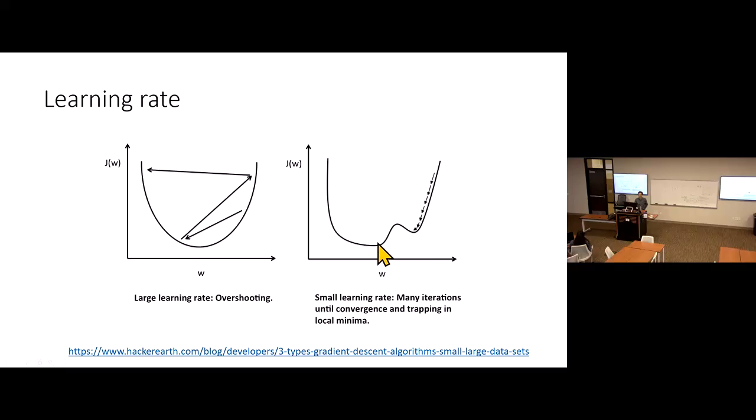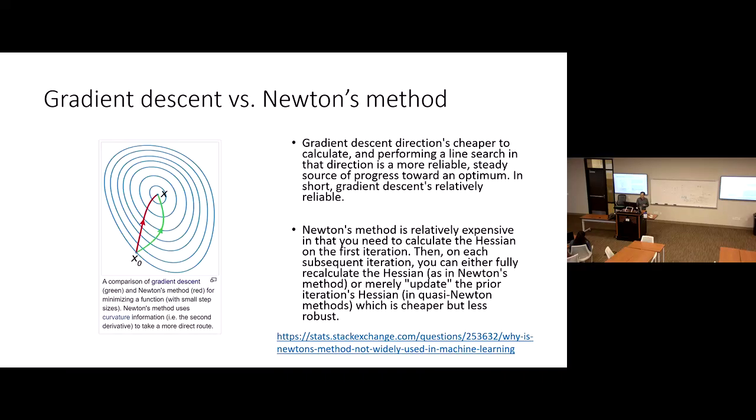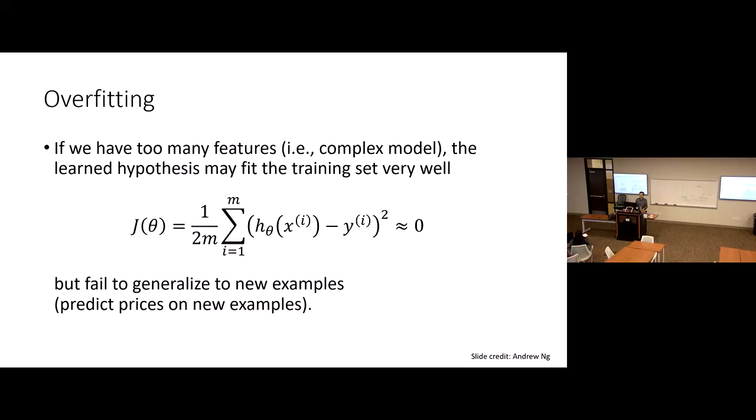You don't find the global solution, which gives you the best. You're trapped here because you move in too small steps. People discuss the difference between gradient descent and Newton's method, but they are very similar in my view.